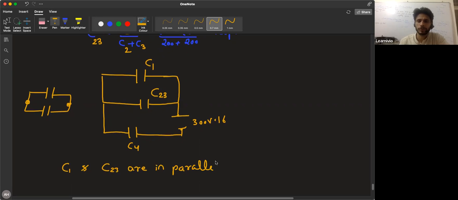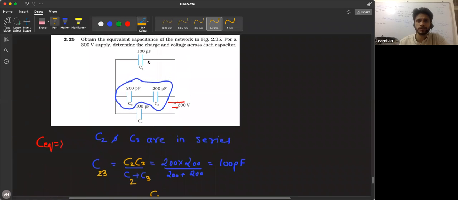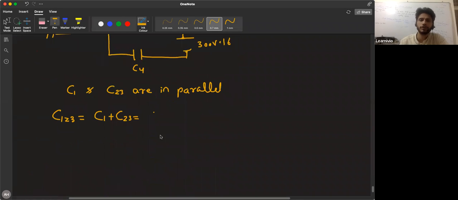So you can remove them and make a single capacitor C123, which is C1 plus C23. How much is C1? C1 is 100 and C23 is also 100. So it's 100 plus 100, 200 picofarad.